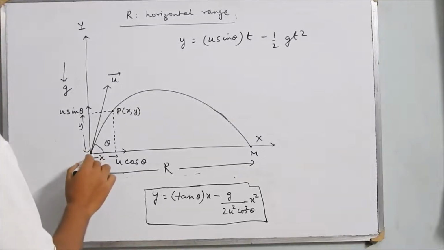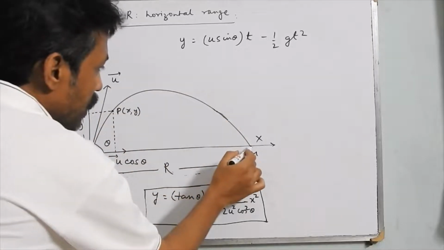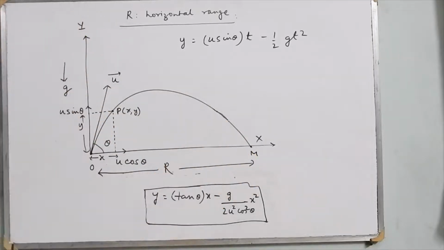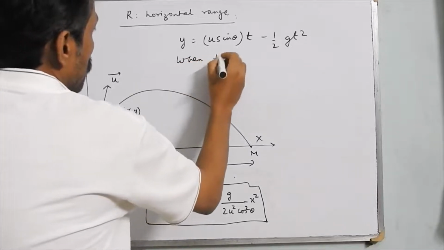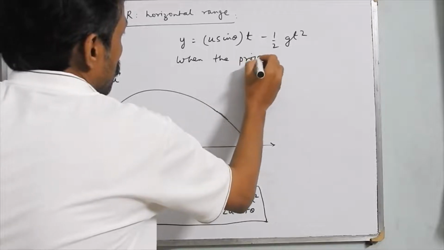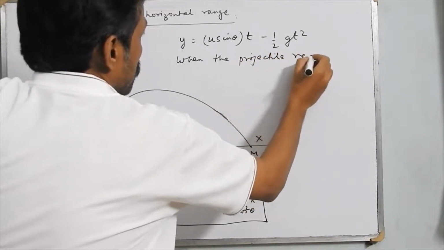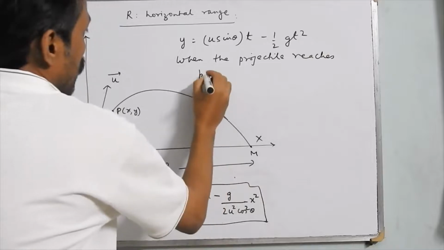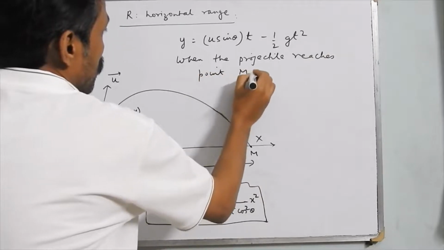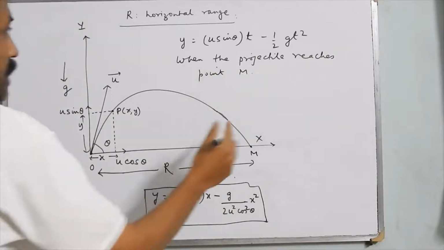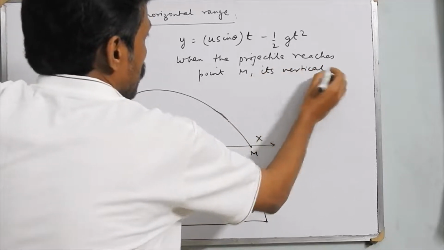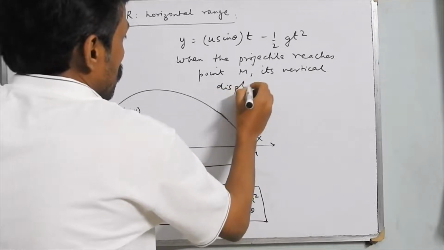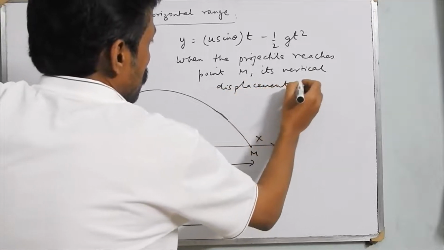Try to realize that when the projectile has started from the point O and has reached the point M, its vertical displacement is 0.